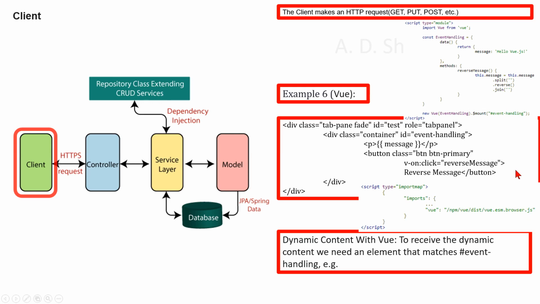Then we can write a component and mount it in a named element. It's an example from the Vue user guide. To receive the dynamic content, we need an element that matches hash event handling, for example.